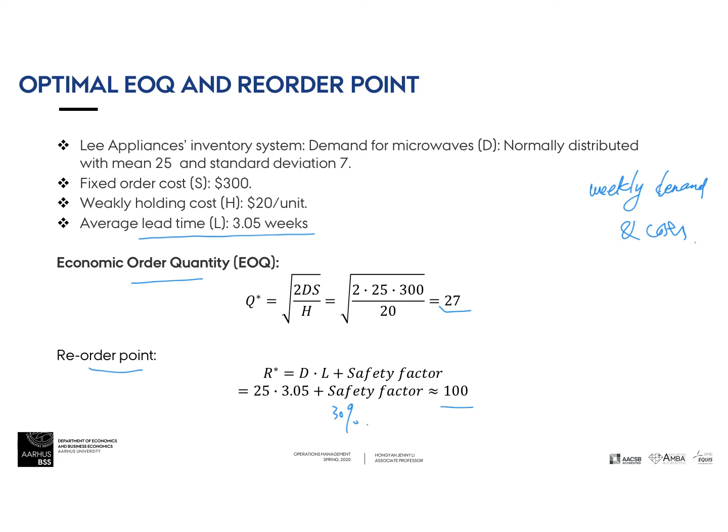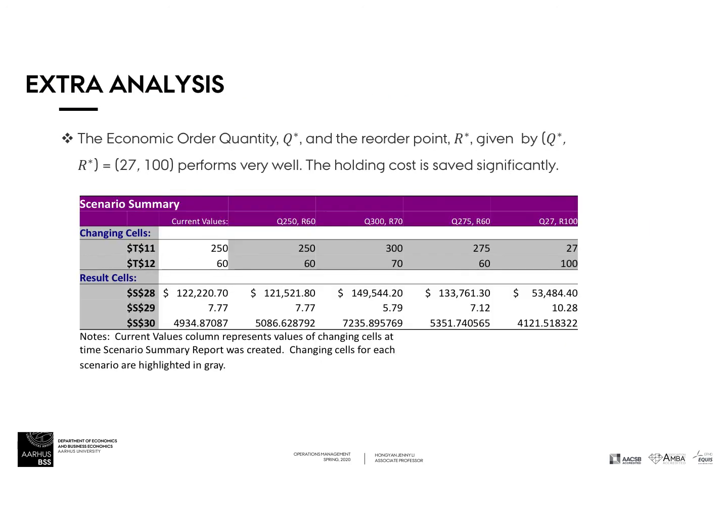So this is the new policy we worked out. Probably we can give it a try and see if this ordering policy will be better than the others given in the exercise.